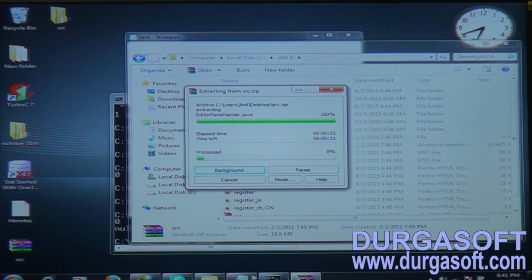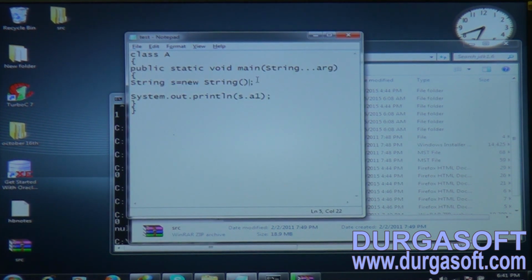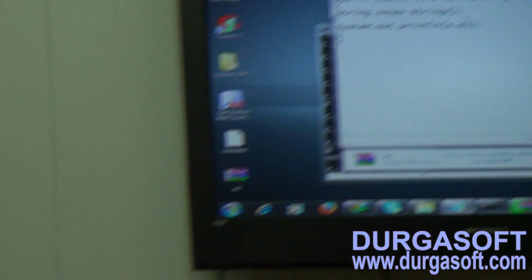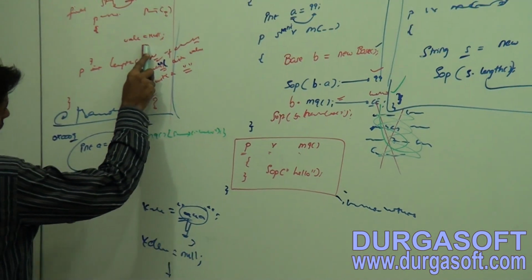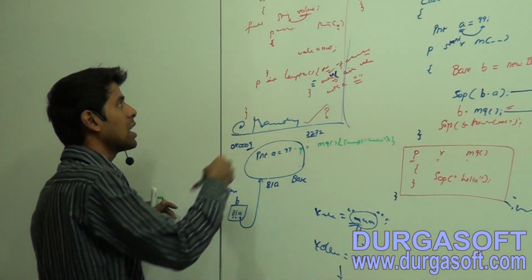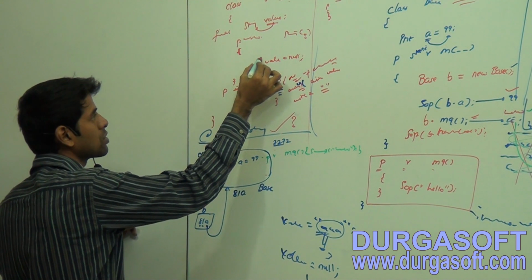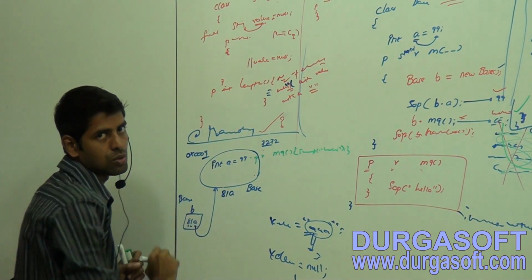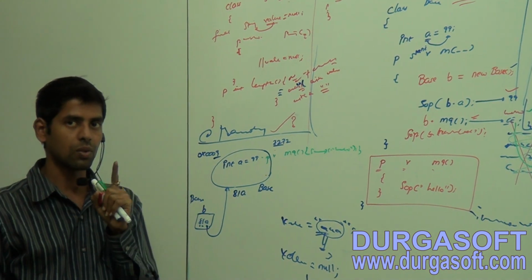Now we are using the no-argument constructor. Within this constructor I have written value equals null. Even if you leave this code as it is, without this, no issue. Logic is very important to us, the concept.